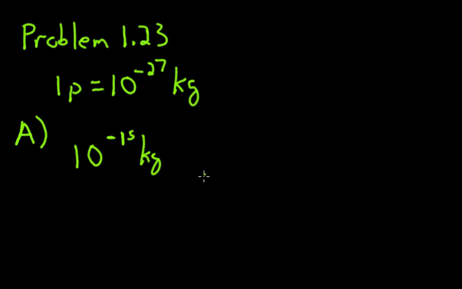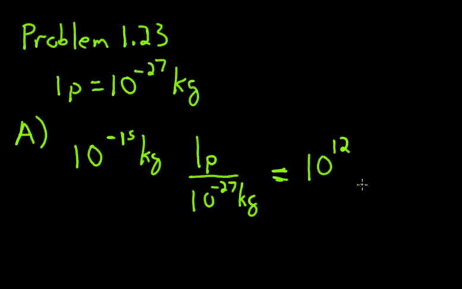Now if I turn this into a conversion factor, one proton-neutron particle is 10 to the negative 27th kilograms. What's nice is these are all the same base, so we're just looking at our rules of exponents. I have 10 to the negative 15th on the top, 10 to the negative 27th on the bottom. So my rules of exponents say negative 15 minus 27, or 10 to the 12th.